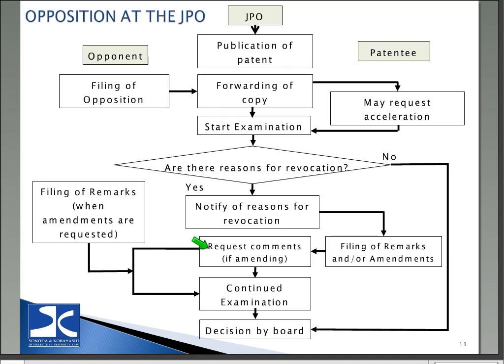If there is no amendment, the opponent is not given the chance to submit their opinion. And then the examination continues and comes to a decision. However, that is not written here because it complicates the flow too much.